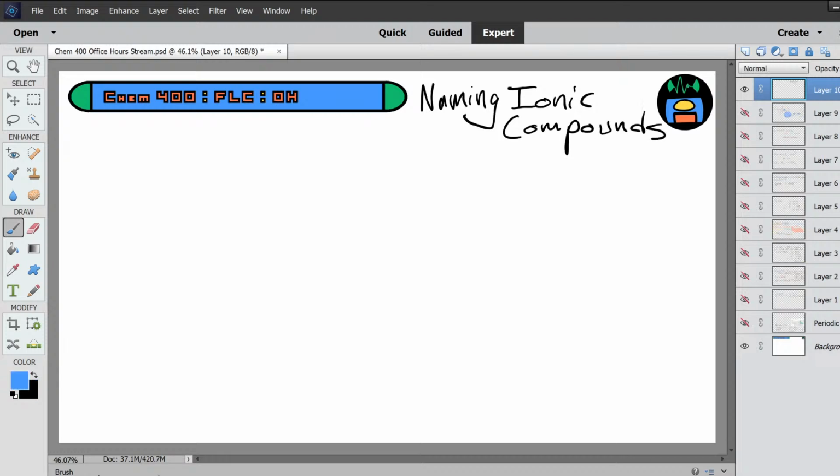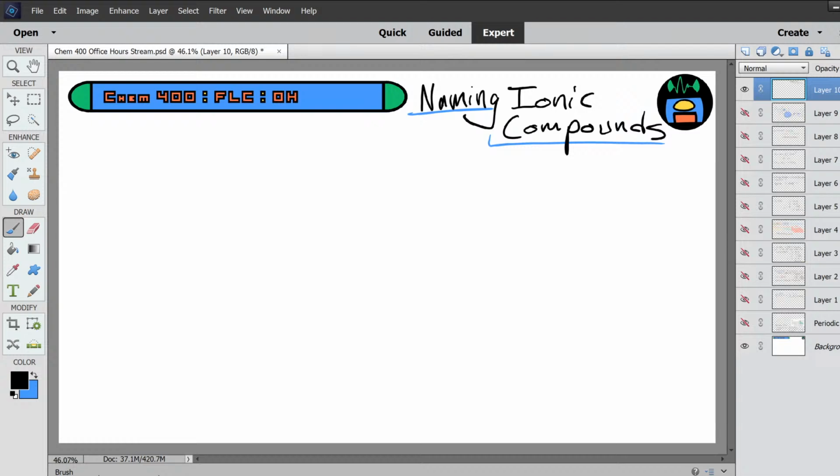So when it comes to naming ionic compounds, every name for every ionic compound falls into this pattern.